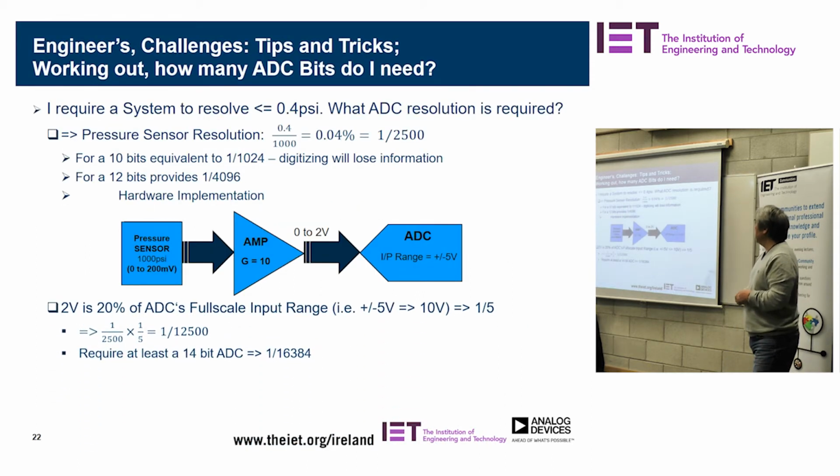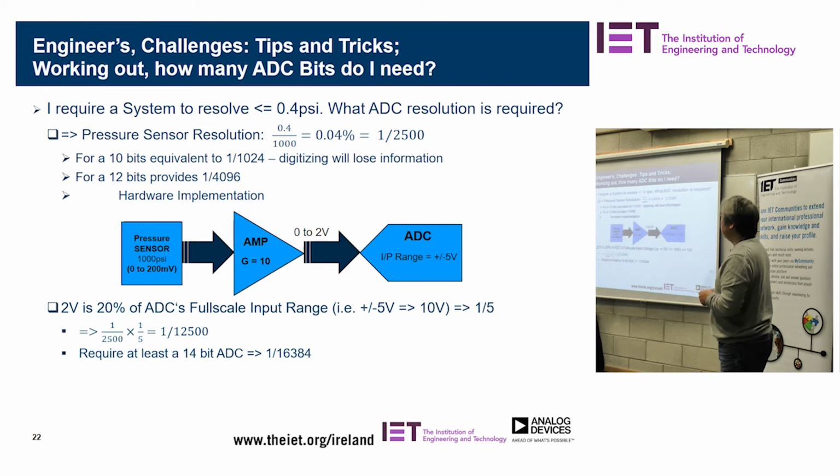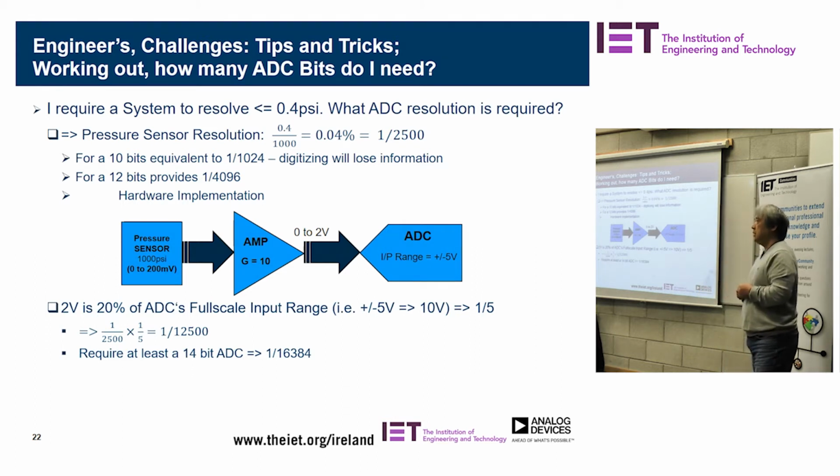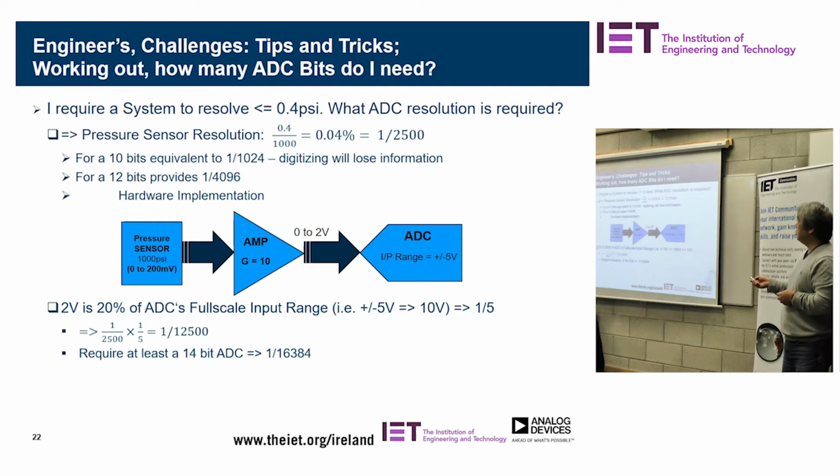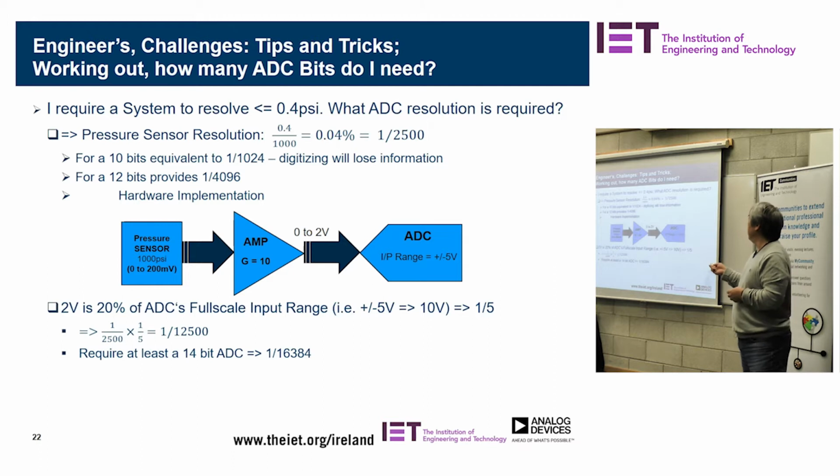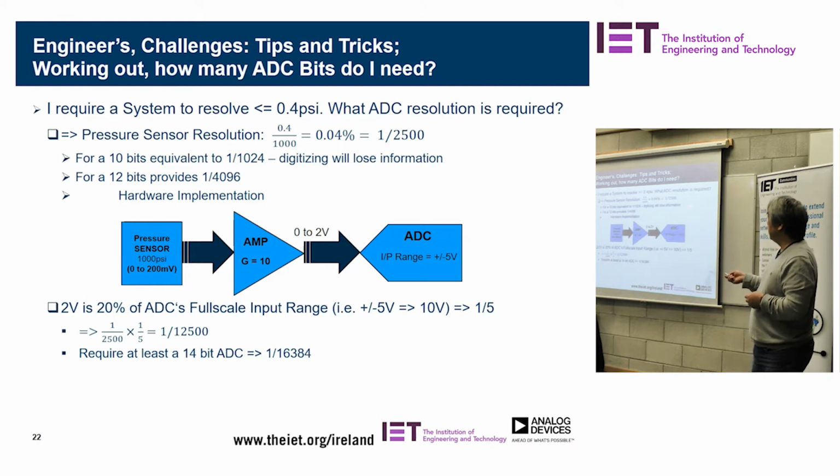Okay. So here's a question. Some people want to do the ADC calculation for their application. So you say, if I require to solve a system with 0.4 PSI, what kind of ADC resolution do I require? So then you go through plugging in the formula. The resolution is 0.4 divided by 1,000, which gives you about 0.04%, which is 1 over 2,500. So a 10-bit won't cover that, so you say 12 bits. 12-bit will be a good starting point.